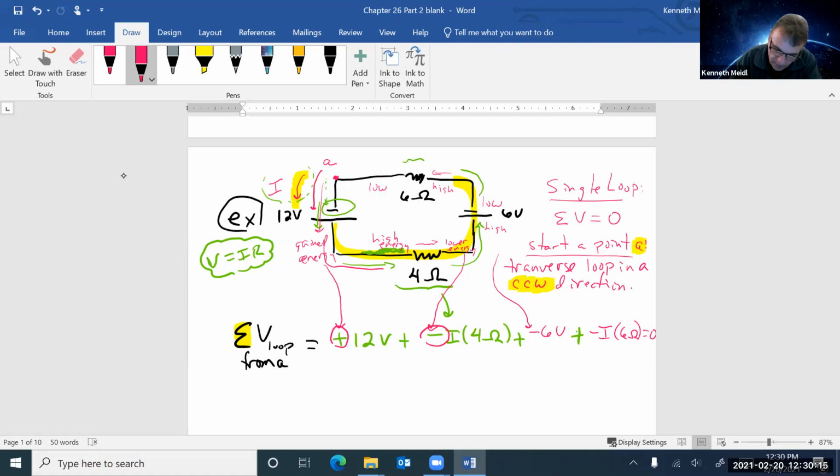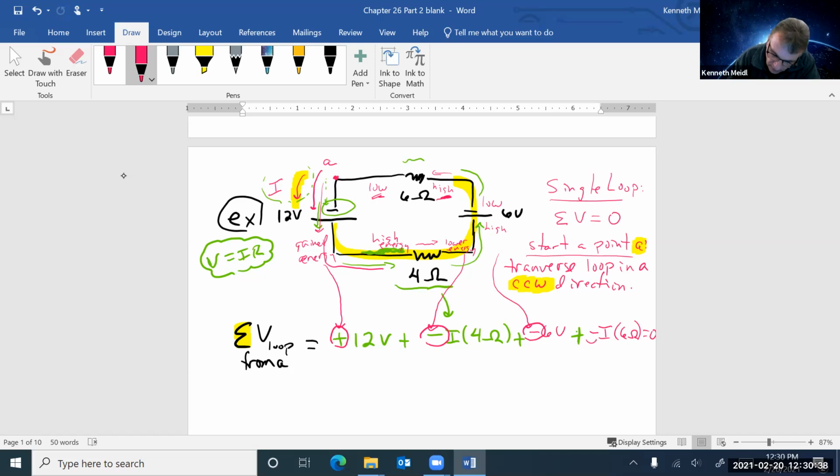As I go across that battery, kind of backwards, right? You're going from the high potential to the low potential. You're going backwards through it. That's a minus sign. And if the current is really flowing the way that I've got it, then this would be the high energy side of the resistor. And then once I cross the resistor, if the current's going that way, then I'm hitting the low end.